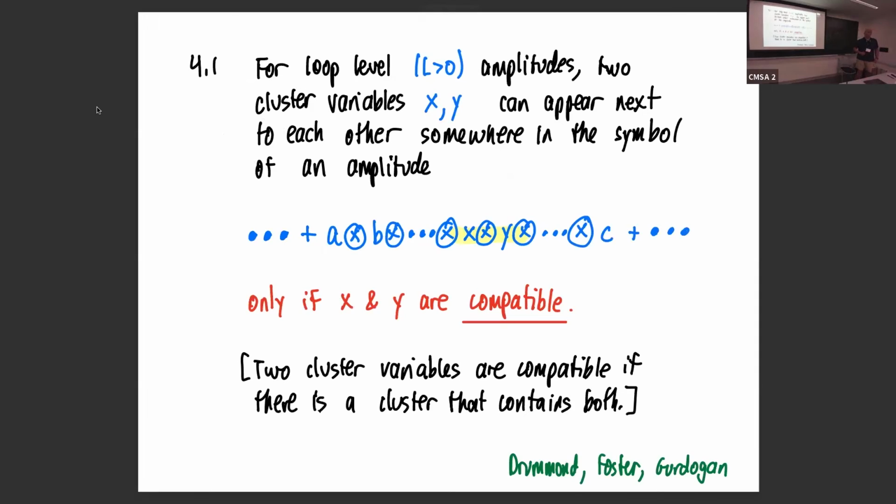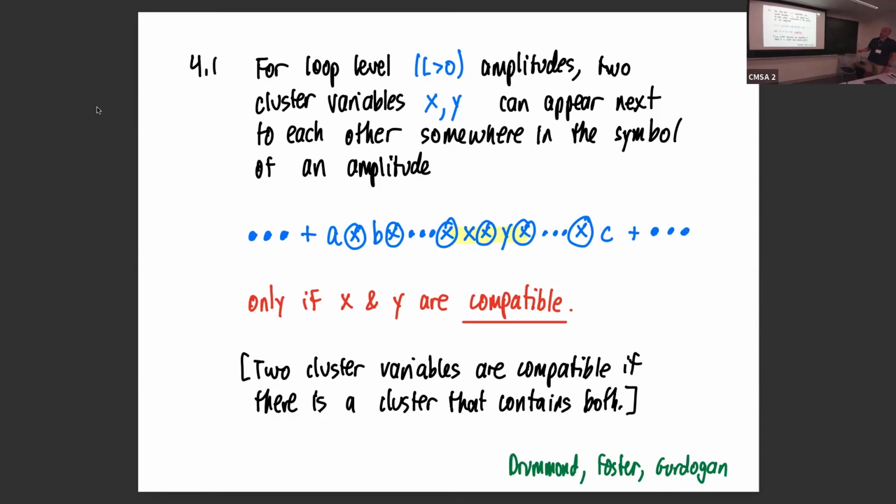One is that for loop level amplitudes, this is the context in which it was first discovered by Drummond, Foster, and Gürdoğan. Two cluster variables, x and y, can appear next to each other somewhere in the symbol of an amplitude. These symbols are linear combinations of many terms, and each additive term has the structure of a tensor product, and this is ordered. There's definitely an ordering here from first to last.